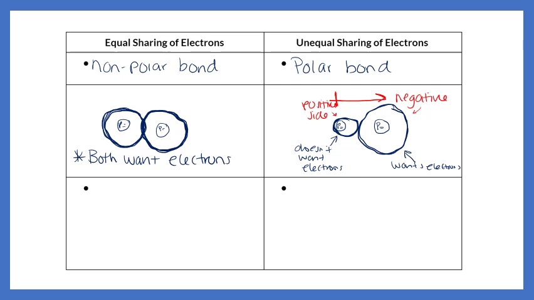We can also solve for these using electronegativity values. So for my equal sharing, the electronegativity values have to have a difference of 0.5. So what that means is if you have like a carbon bonded to a hydrogen, carbon's electronegativity value is 2.5 and hydrogen is 2.1. 2.5 minus 2.1 is 0.4.